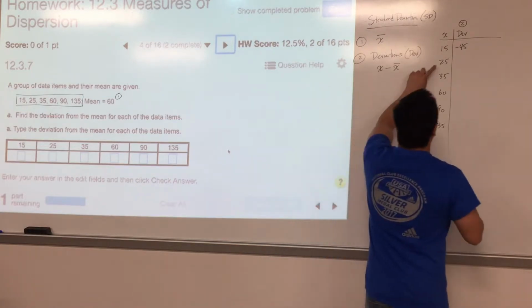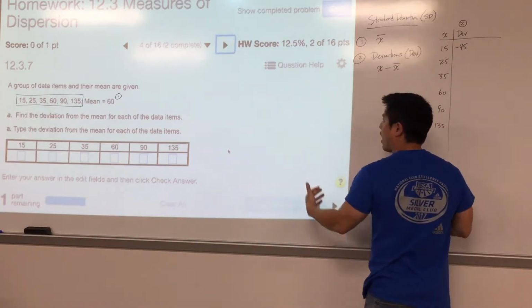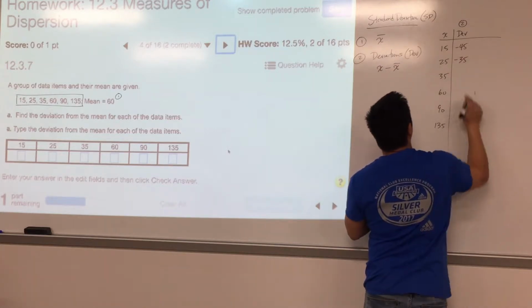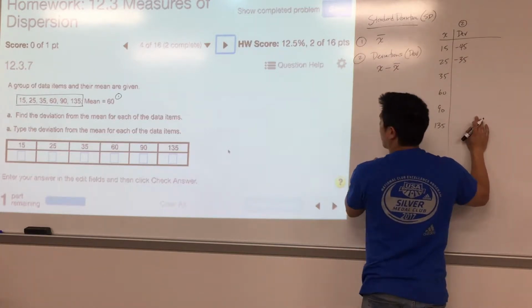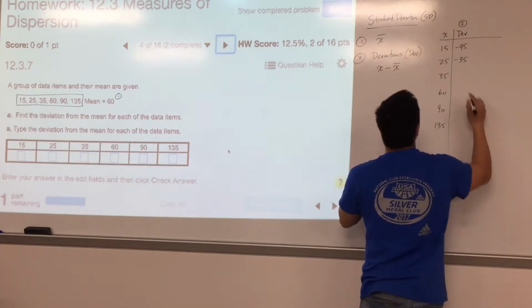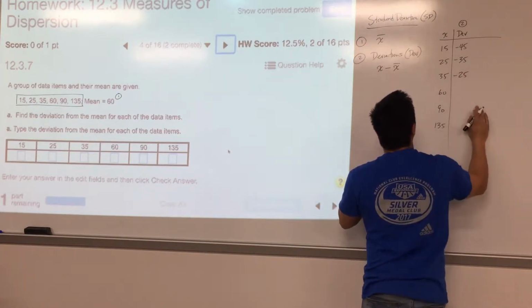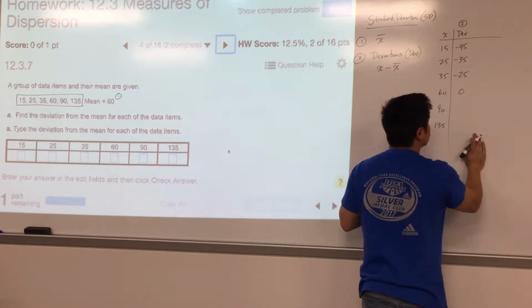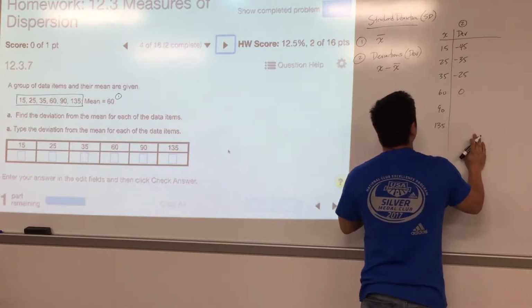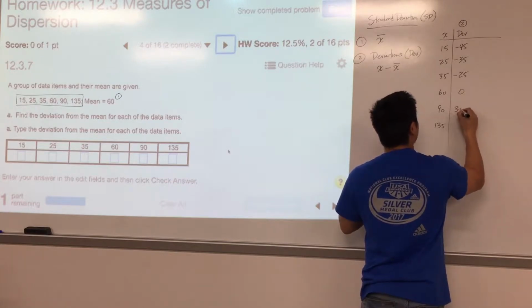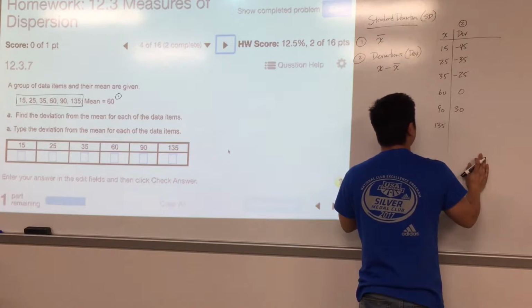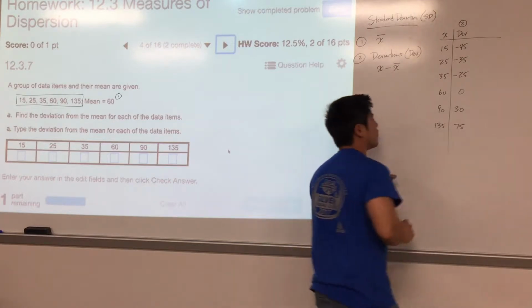So now let's do the deviation for 25. 25 minus 60, which would be negative 35. Deviation for 35. 35 minus 60, negative 25. Deviation for 60, 0. 60 minus 60. Deviation for 90. 90 minus 60, 30. Deviation for 135. 135 minus 60, 75.